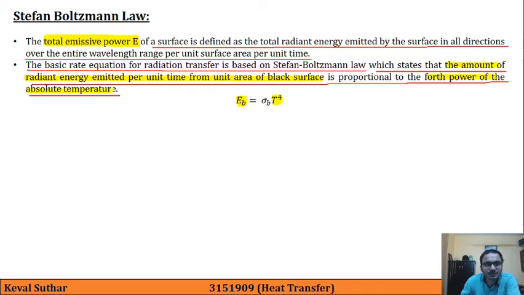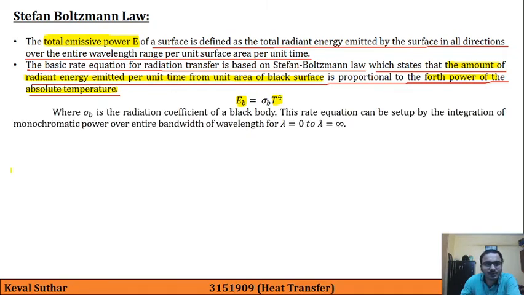That is the Stefan-Boltzmann law, where sigma B is the radiation coefficient of black body, and the rate equation can be set up by integration of monochromatic emissive power over the entire bandwidth of wavelength, for lambda equal to 0 to lambda equal to infinity. That is with this formula.